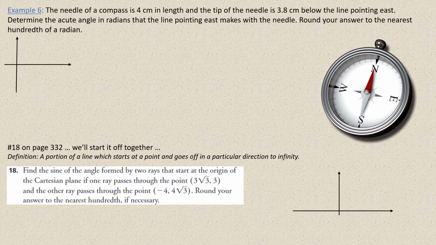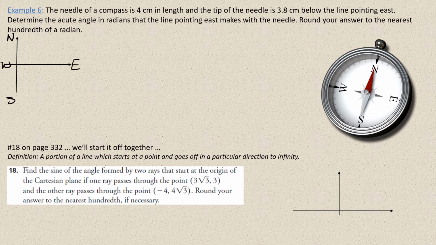Last slide. Okay, we're almost done. Example 6. The needle of a compass is 4 centimeters in length. So here's a compass, and the tip of the needle is 3.8 centimeters below the line pointing east. Let's go over to my little Cartesian plane here. That's the title of today's lesson, right? It's all about Cartesian planes, and I'm going to label it north, south, there's west, and there's east.